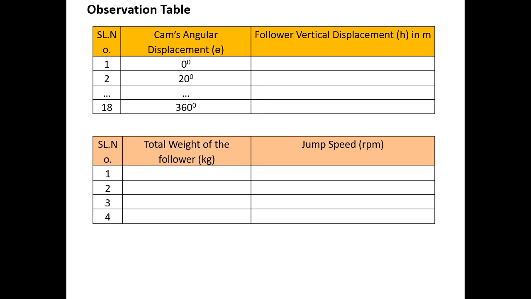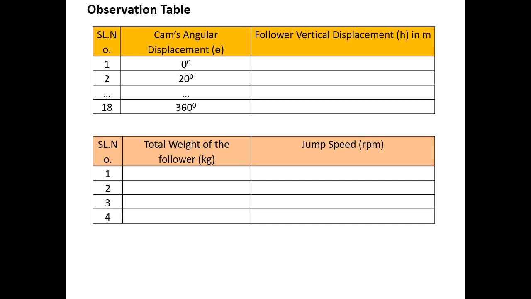In the slide, you are observing that theta is increasing in 20-degree steps, but we will be taking the data with 10-degree increments. So 0 degree, 10 degree, 20 degree up to 360 degree. Basically we have to consider 36 data points, and along with the 36 positions of the cam, we will be taking the 36 vertical displacements.